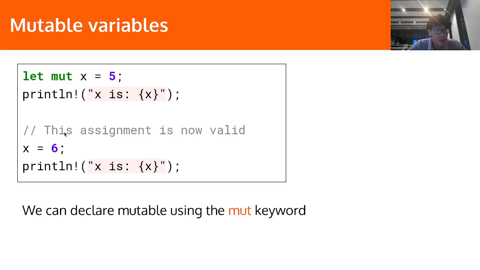In this case, now when we run x equals 6 here and we do print line, we will be able to successfully print x is 6. This is a really important core concept in Rust about mutability of variables, and we will explore further on this topic of mutability and ownership and borrowing in subsequent lectures.